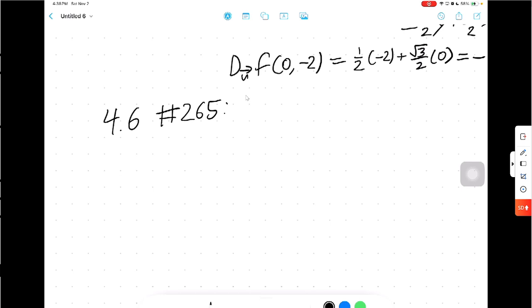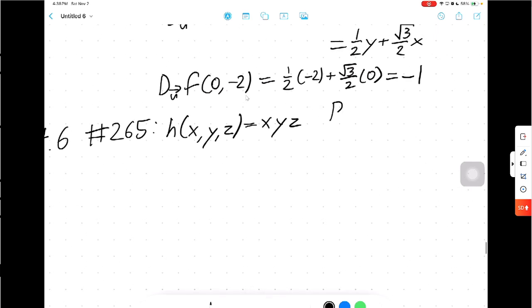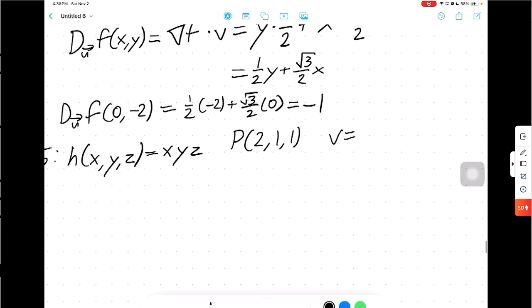265. h of xyz is equal to xyz, plus j minus k.